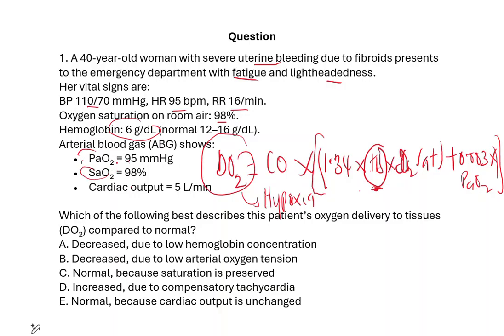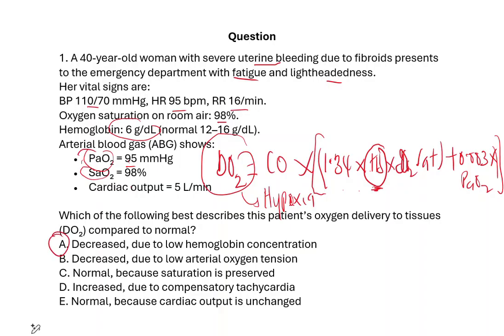And they also have a normal PaO₂. So the partial pressure of oxygen in the plasma is also normal, because remember, that's upstream. But guess what? They could develop hypoxia because of the decrease in oxygen content. So looking through these options, I think the best answer there will be A, right? Very good.